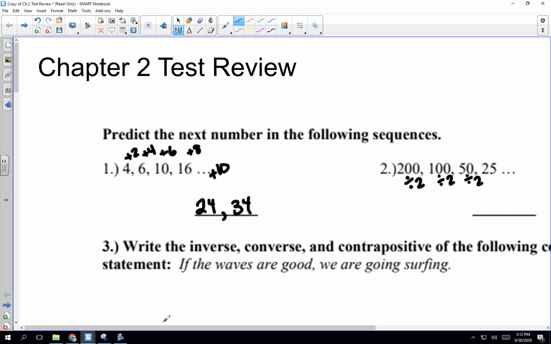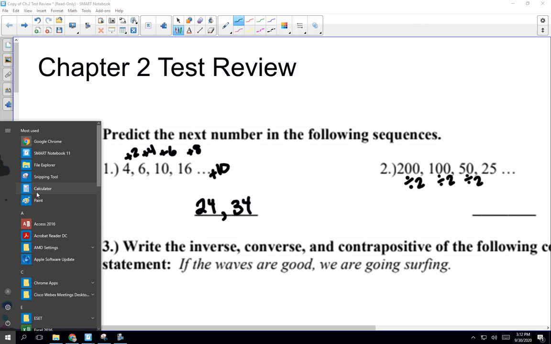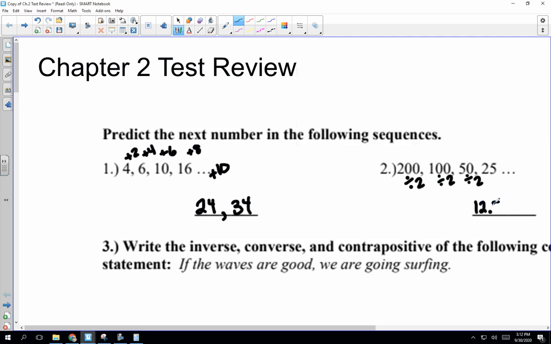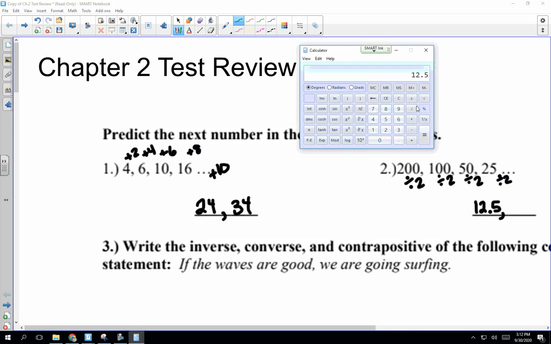So I'm going to pull up my handy dandy calculator to help me with this, just so you can see I'm not making crazy numbers up. 25 divided by 2 is 12.5, so the next one is 12.5. And then 12.5 divided by 2 is 6.25.